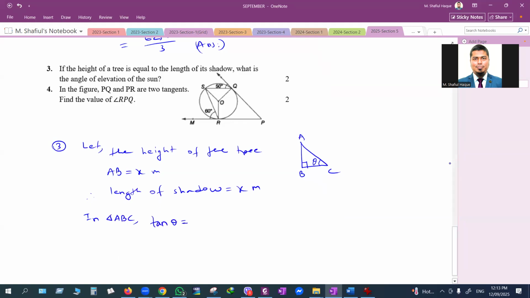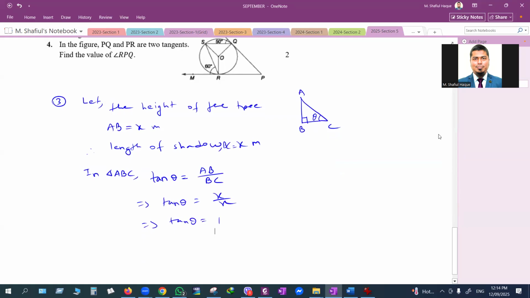Tan theta is equal to AB divided by BC, so length of shadow BC. Now tan theta is equal to x by x, that is tan theta is equal to 1, that is tan theta is equal to tan 45 degree, therefore theta is equal to 45 degree.